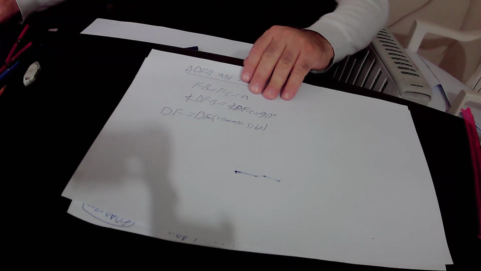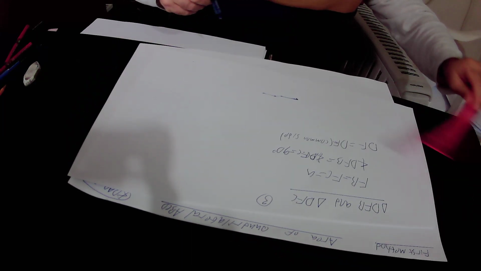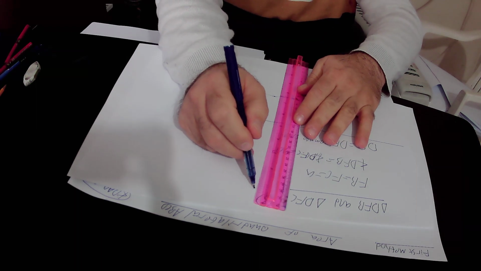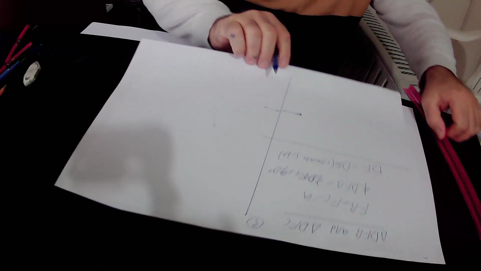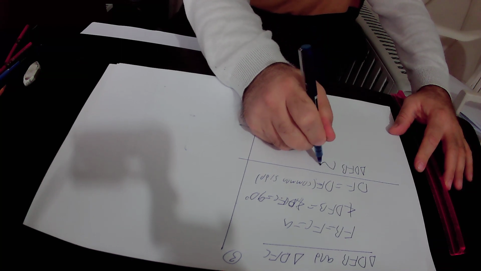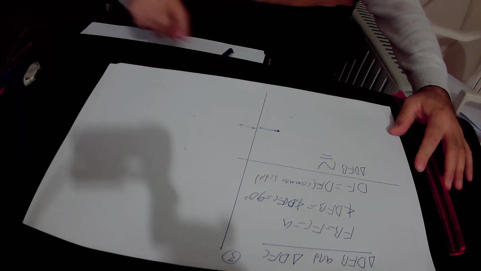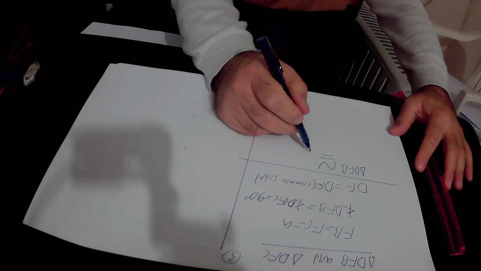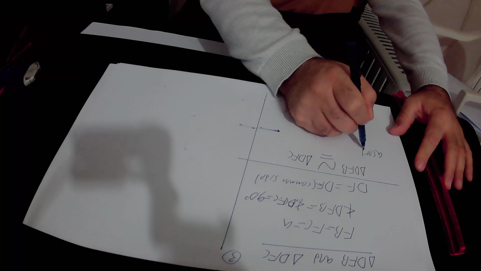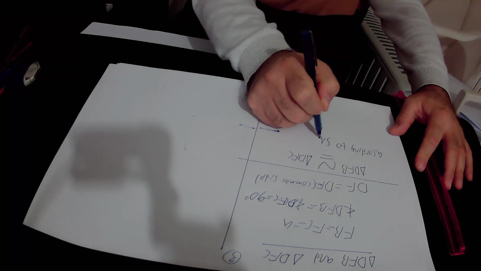So actually, we proved that triangle DFB is congruent to triangle DFC, according to the side angle side rule.